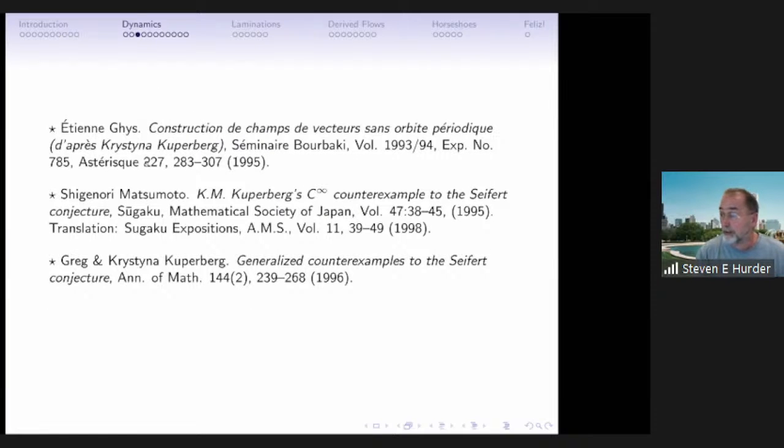So here are the papers. Seminaire Bourbaki by Ghys, a paper that was translated by Matsumoto. It's a very nice paper too, with lots of commentary. And then Greg and Christina had a second paper where they generalized their construction to many other cases and contains other ideas about the construction.